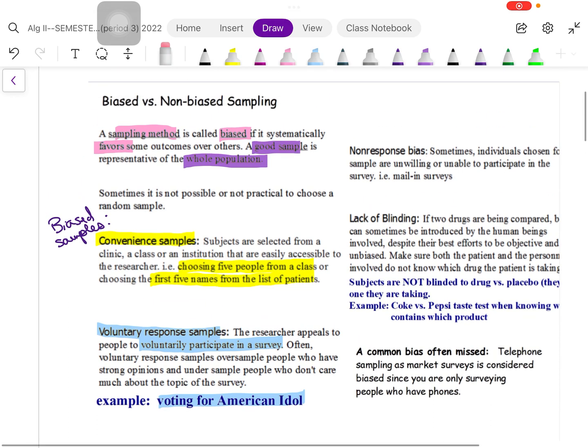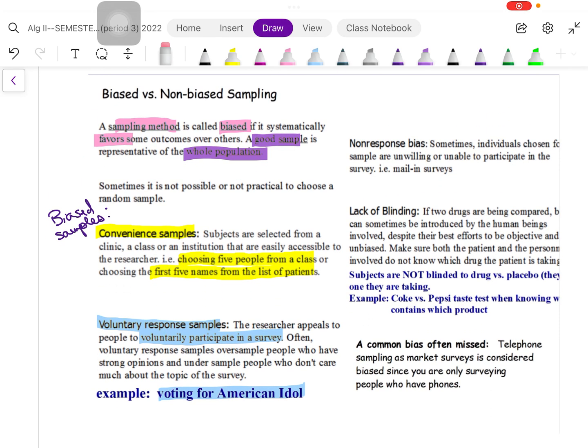The next kind of biased sampling is called non-response bias. This means that people are chosen unwillingly or they're unable to participate. An example of this would be your mail-in surveys.